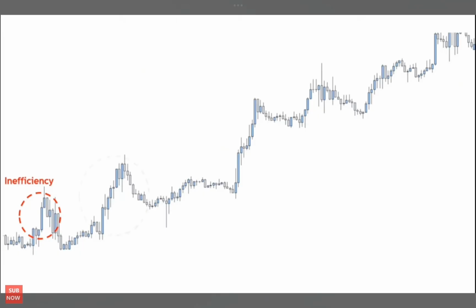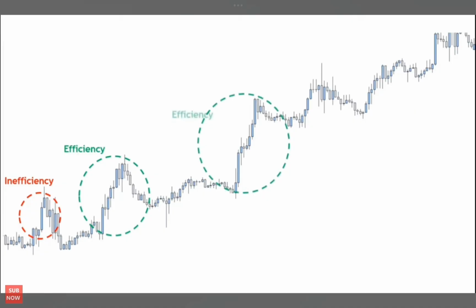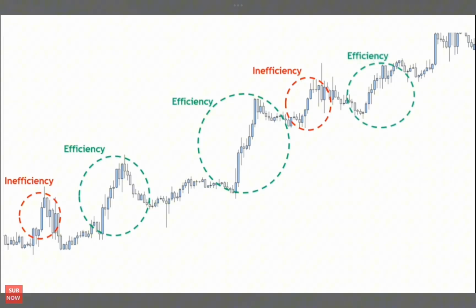Here, in this bullish move, there is no gap between the candles, so we consider it as the efficiency. Again, we have the efficiency, because the gaps between the candles are filled by the wicks. But here, we have the inefficiency, because of the gaps between the candles. And at the end, there is no gap between the bullish candles, so we consider this move as the efficiency.